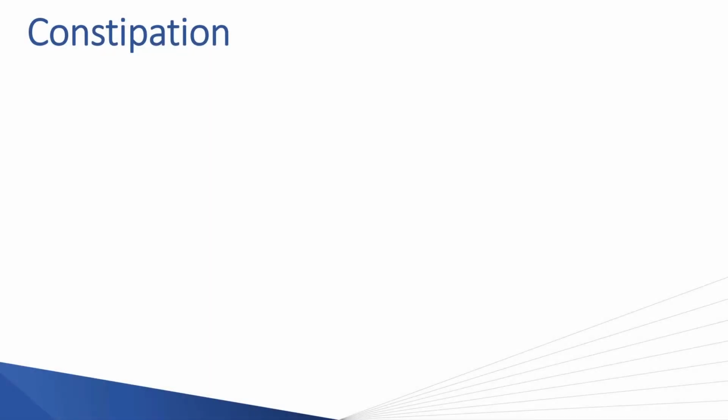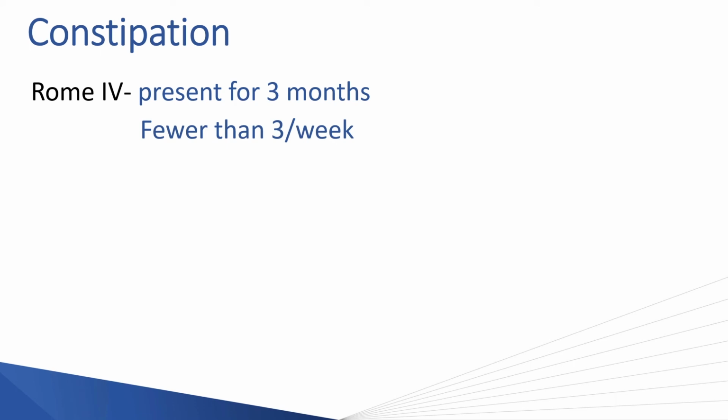At the other end of the spectrum from diarrhea would be constipation, and this is another common presentation in both primary and secondary care. The Rome 4 criteria to diagnose a patient with constipation is that it should be present for at least 3 months and be causing less than 3 bowel movements per week. 25% of these should be with straining, and that's why we always inquire about the frequency and any associated symptoms such as straining.